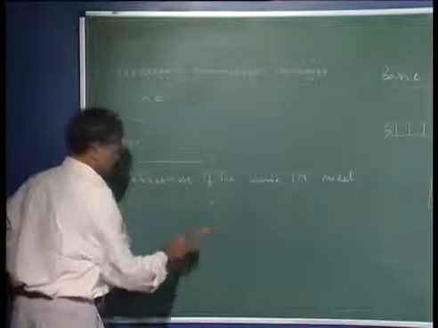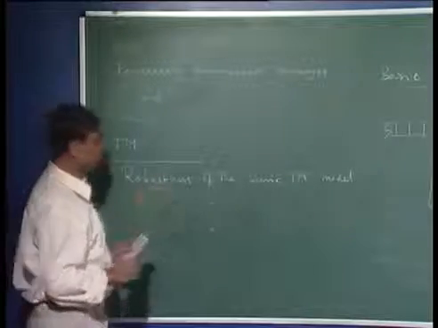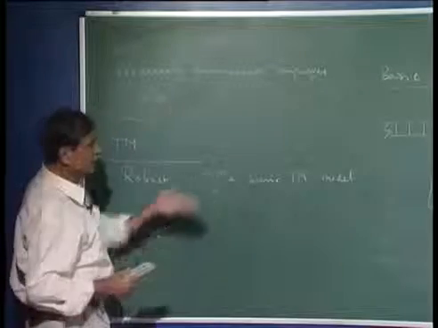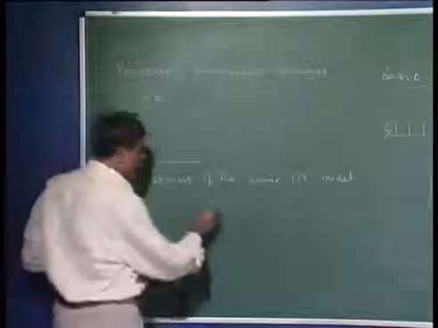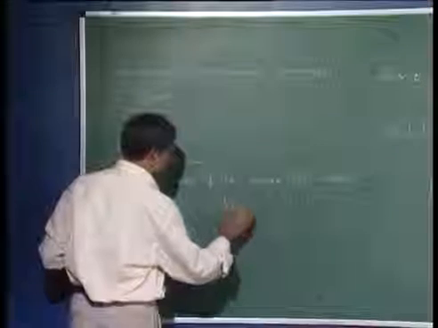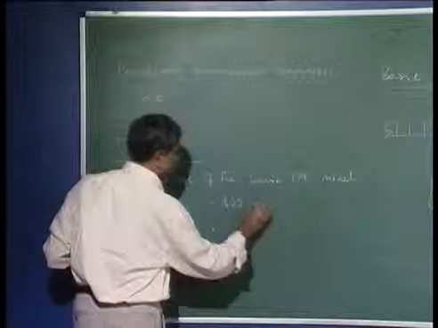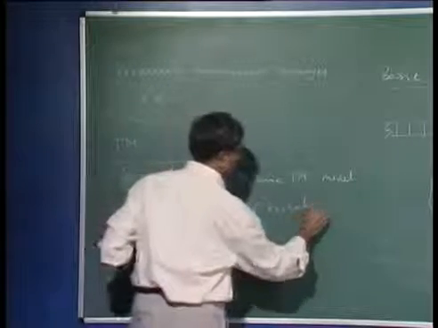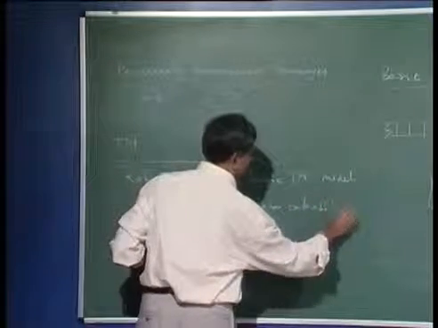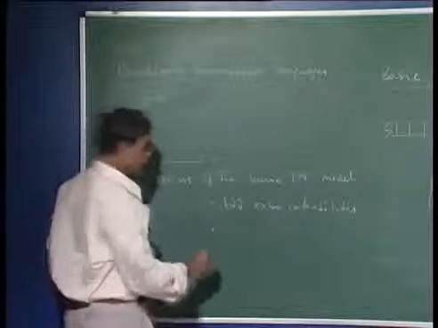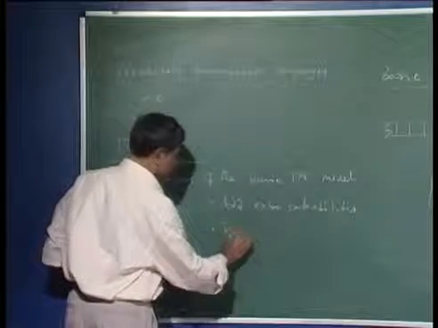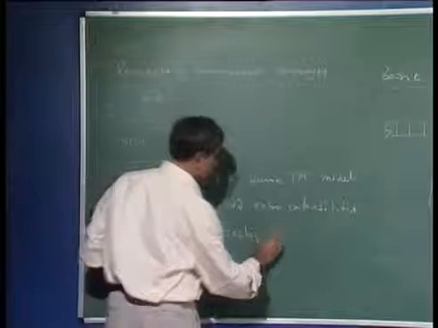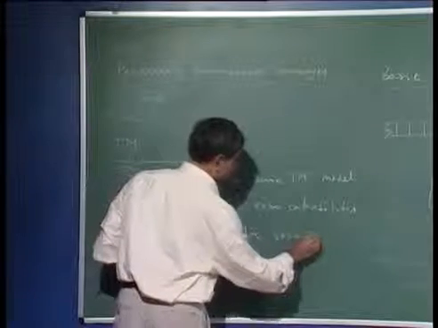So, two things we can do to the basic Turing machine model. Either we can add some extra capabilities, or restrict some capabilities.